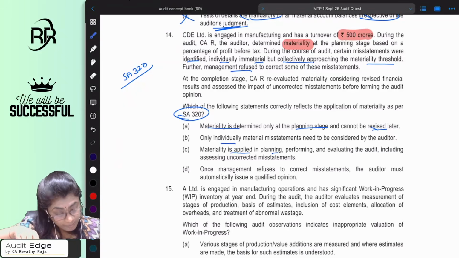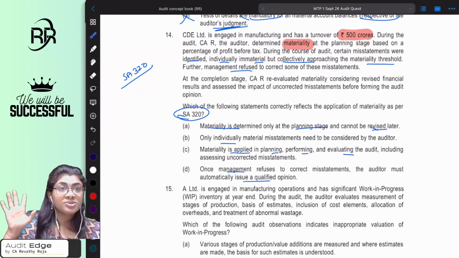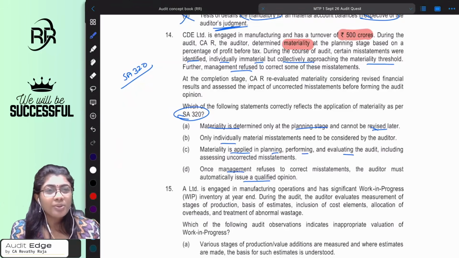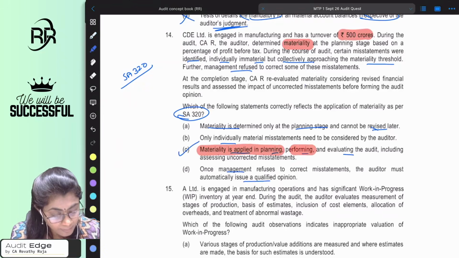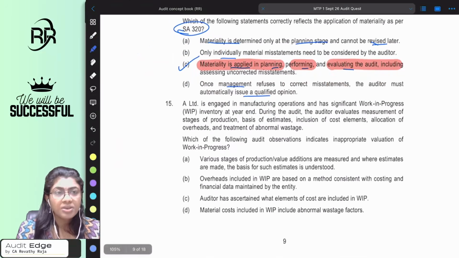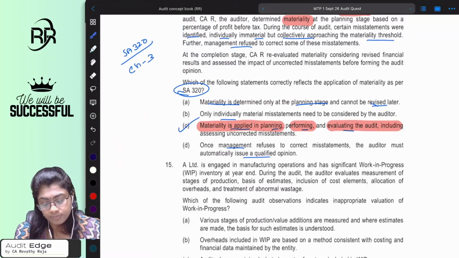Materiality is there in planning, performing, and evaluating the uncorrected misstatements. Once management refuses to correct, the auditor must automatically issue a qualified opinion as per 705. No, you will see materiality, then only you will give. So the answer is C. It's there in planning, performing, and evaluation. So that's SA 320, chapter 3.